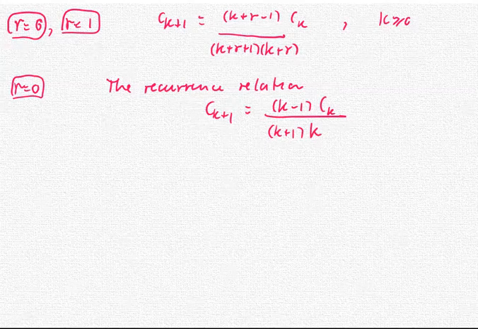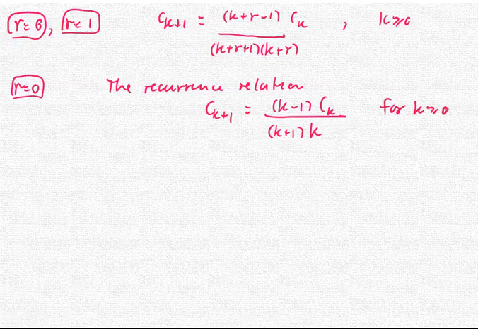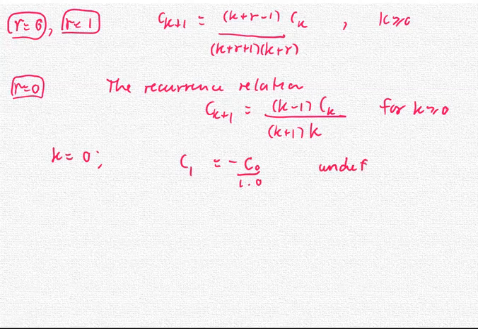And as we use this for k greater than or equal to 0, if k equals 0, we get c_1 equals negative c_0 over 1 times 0. That's the problem. So it's undefined. That means r equals 0 doesn't work.